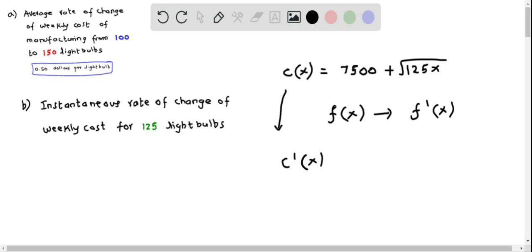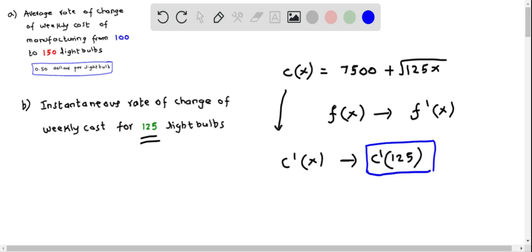To determine the instantaneous rate of change of weekly cost for 125 bulbs, we have to replace x by 125. So we have to determine C prime of 125.